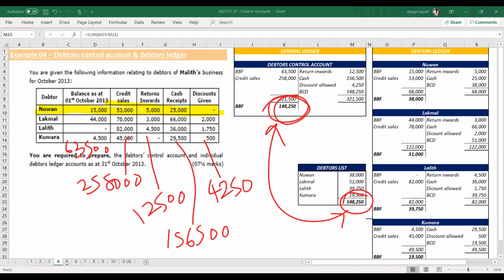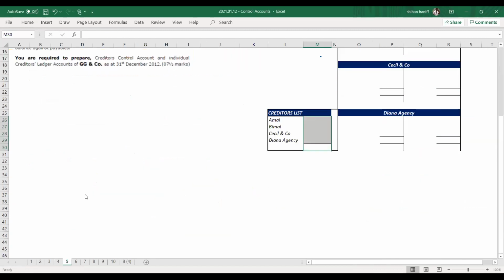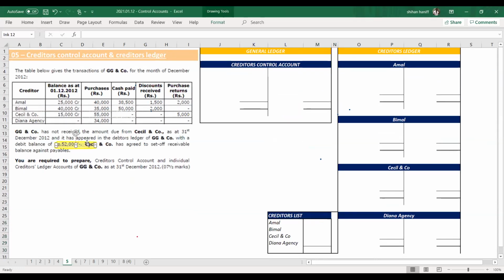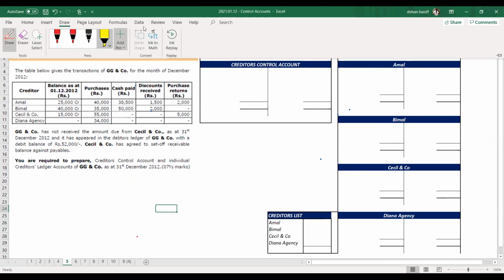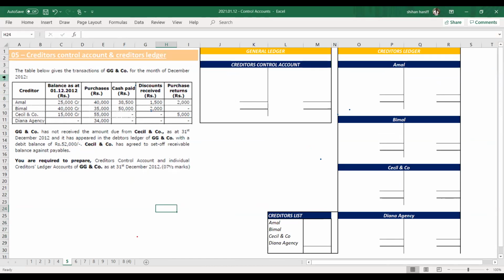Now the next question is creditors control account. Same title. Okay. Now this question, creditors control account. The table below gives transactions for GG and company for the month of December. We have 4 creditors: Amal, Bimal, Cecil, Diana.